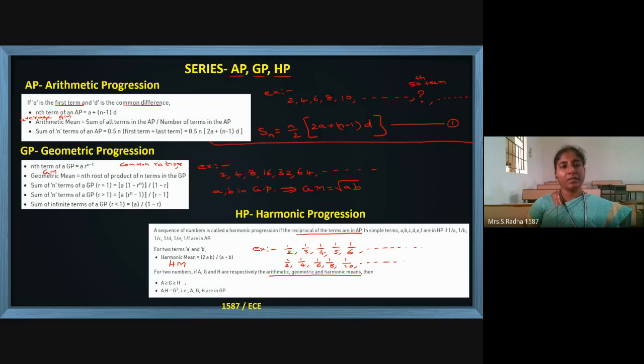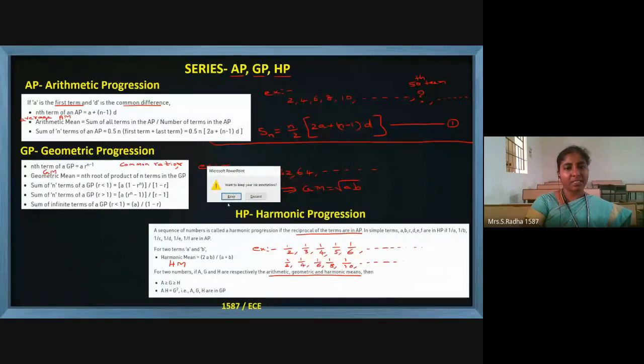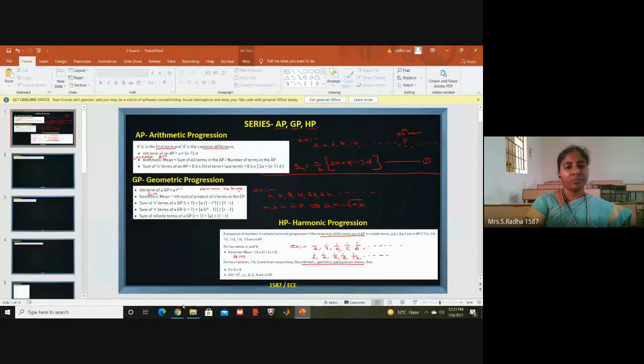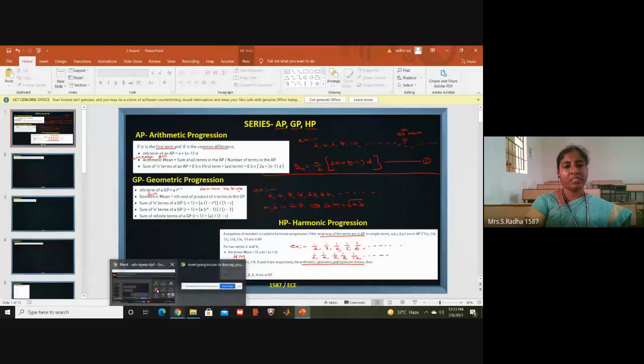This is one relation. Next relation is AH equal to G square: arithmetic mean into harmonic mean equals geometric mean square. These are the basics required for the series AP, GP, HP.